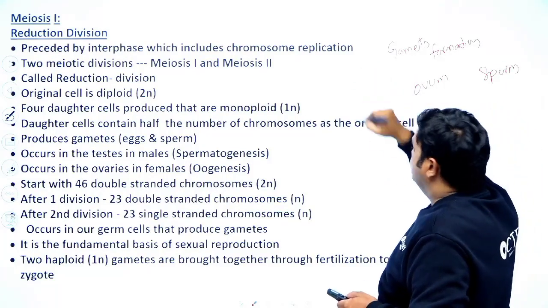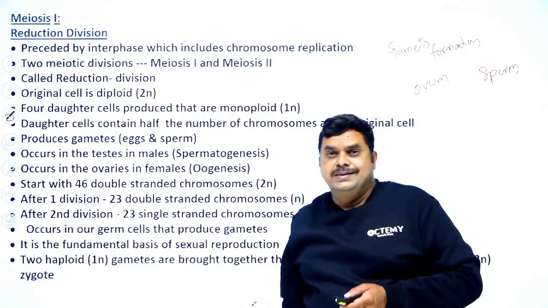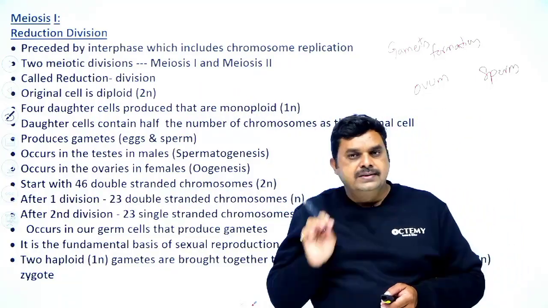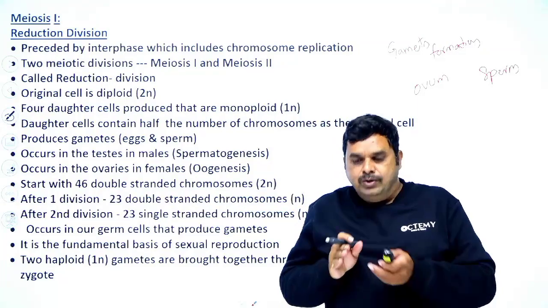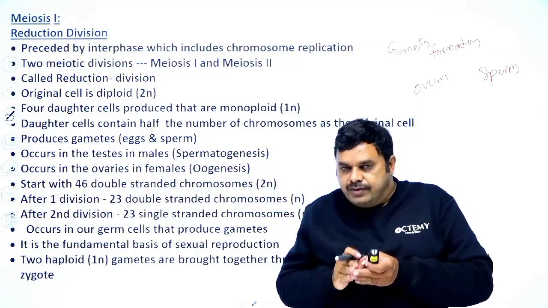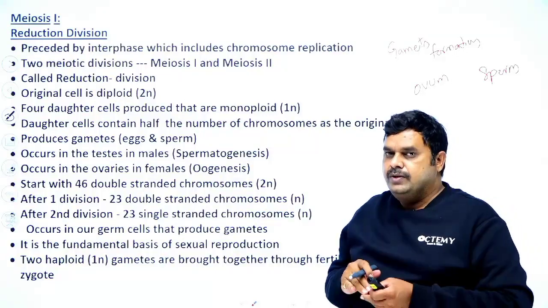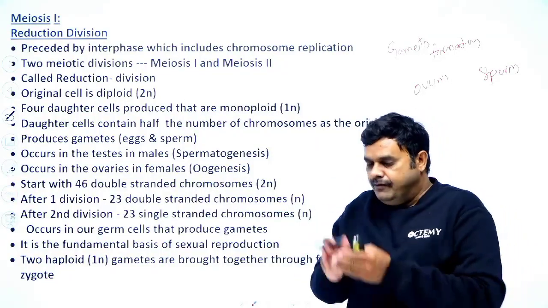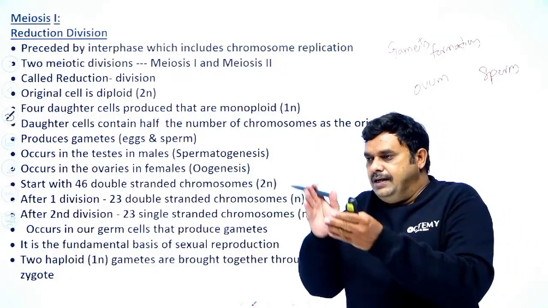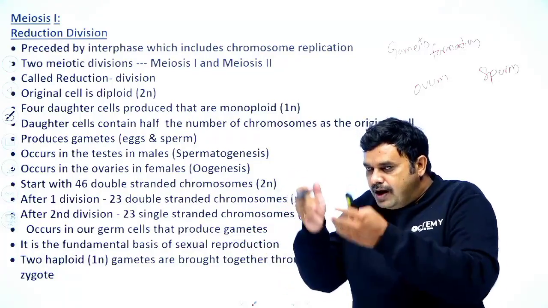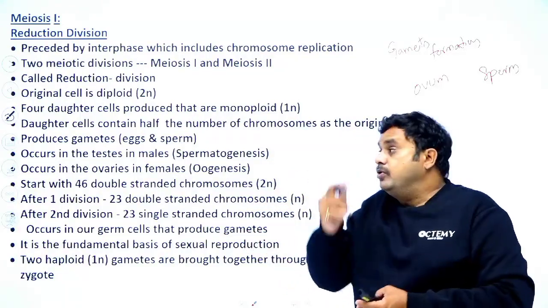So in those cells, meiosis will take place. What is the main importance of meiosis? To maintain the constant number of chromosomes in diploid organisms, where two sets are there. From mother and from father, the formed gamete should contain half of the chromosomes.